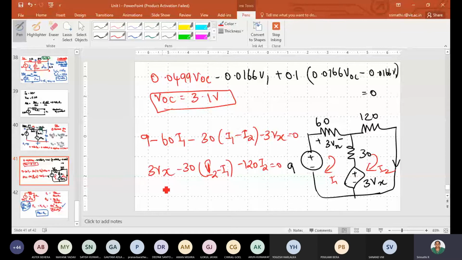Now what is your Vx? V is equal to I into R, right? So Vx is equal to minus 60 I1. You can substitute and solve for your answers quickly.